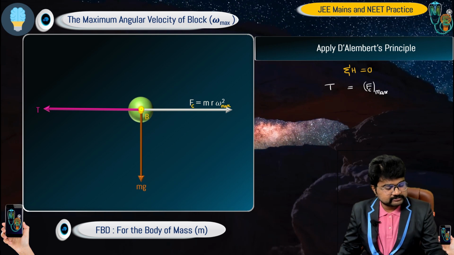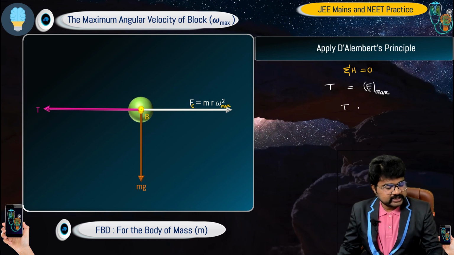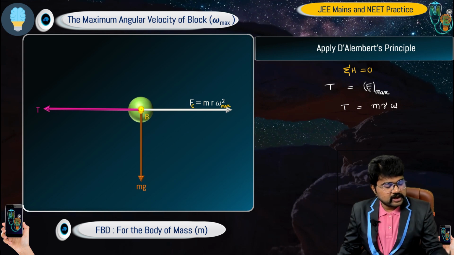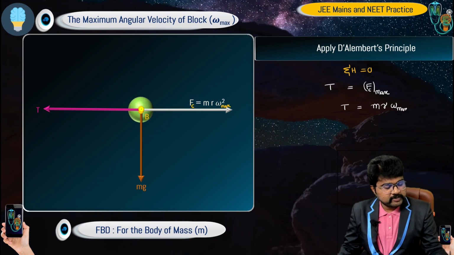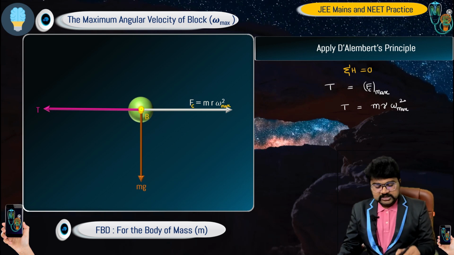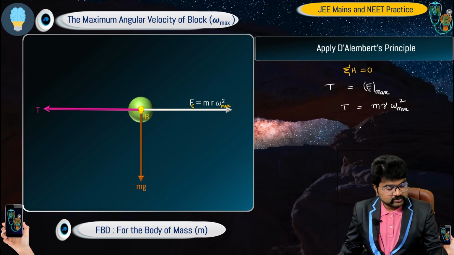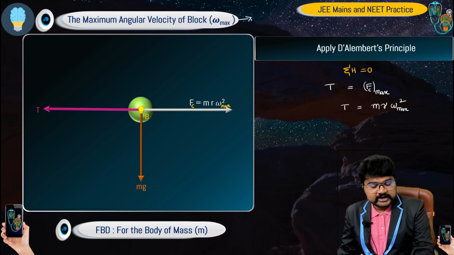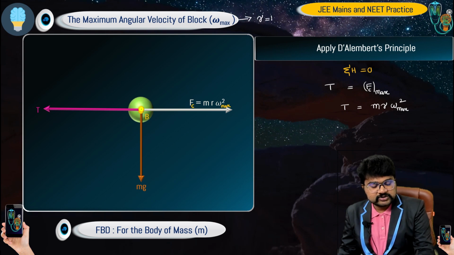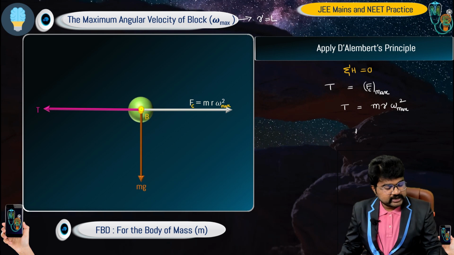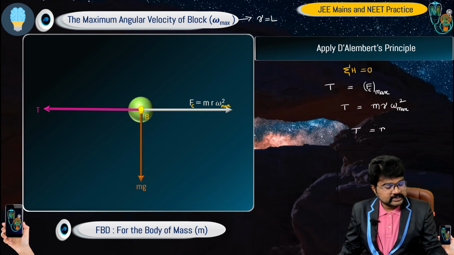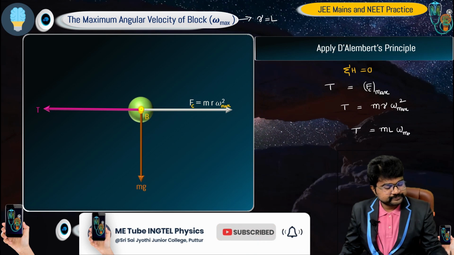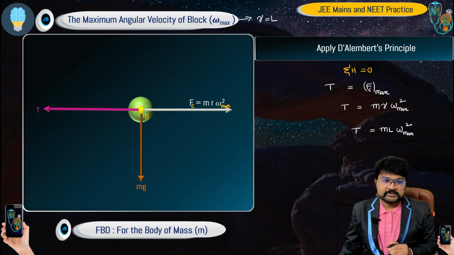FC maximum. Here I can say that T equal to m R omega maximum square. Here R equal to L. You can write it as at maximum angular velocity condition, radius R equal to L. So now I can write T equal to m L omega maximum square.